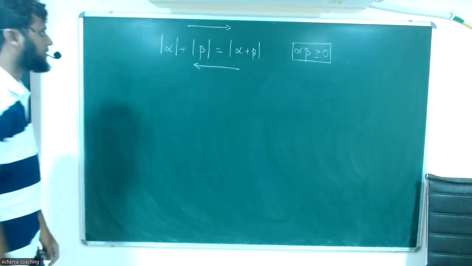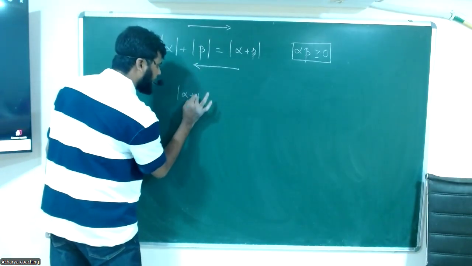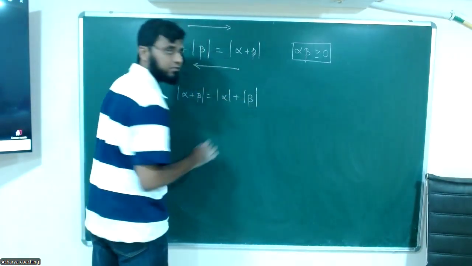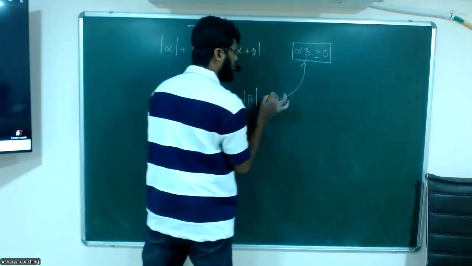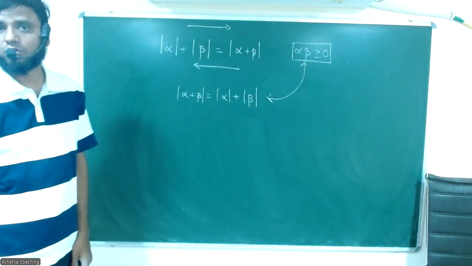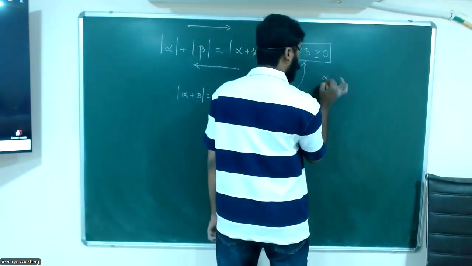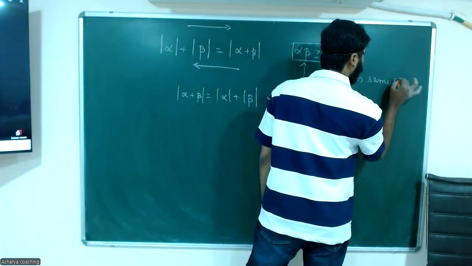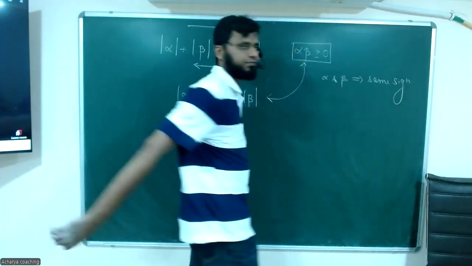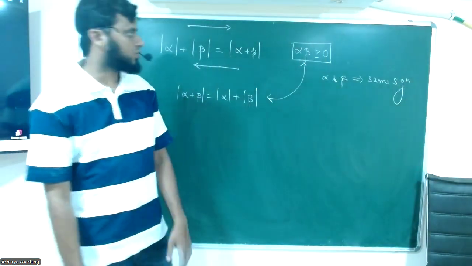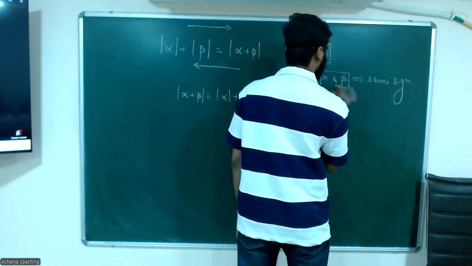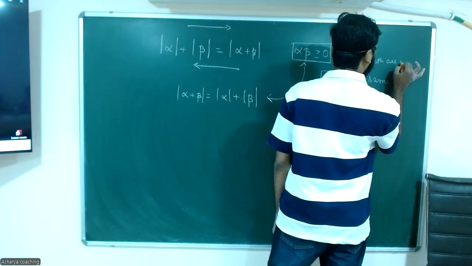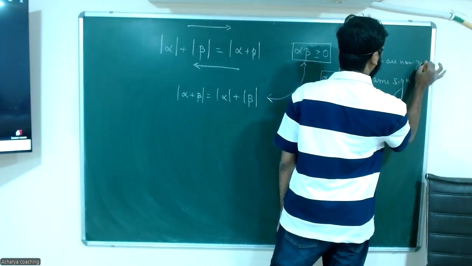So modulus of alpha plus beta, I can split as modulus of alpha plus modulus of beta when alpha beta is greater than or equal to 0. When will it be greater than or equal to 0? If alpha and beta are of the same sign or any one is 0. If both are non-zero, they should be of the same sign.